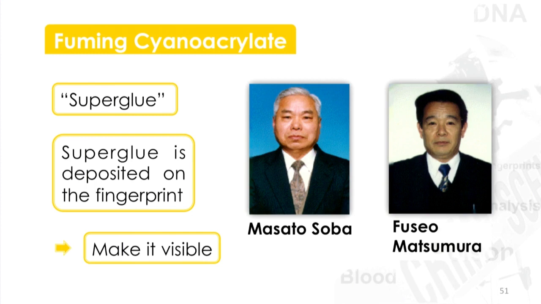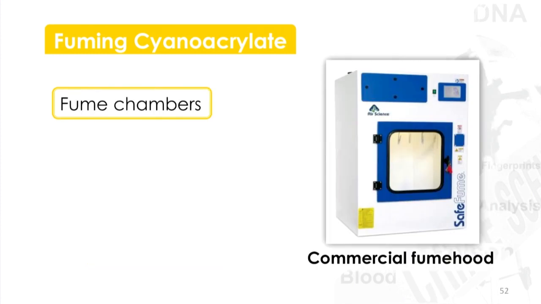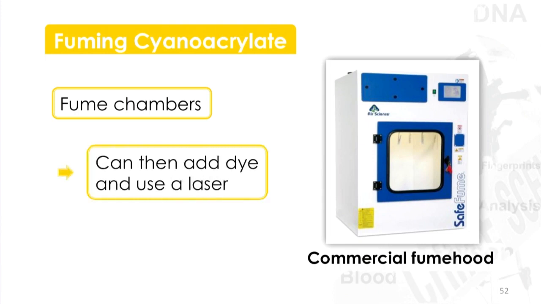There are specific devices, fume chambers. Some of these can be quite small for small objects, but you can get commercial superglue fuming chambers big enough for rifles. You can fume an entire car in order to find fingerprints. So it's proved to be a very useful method.